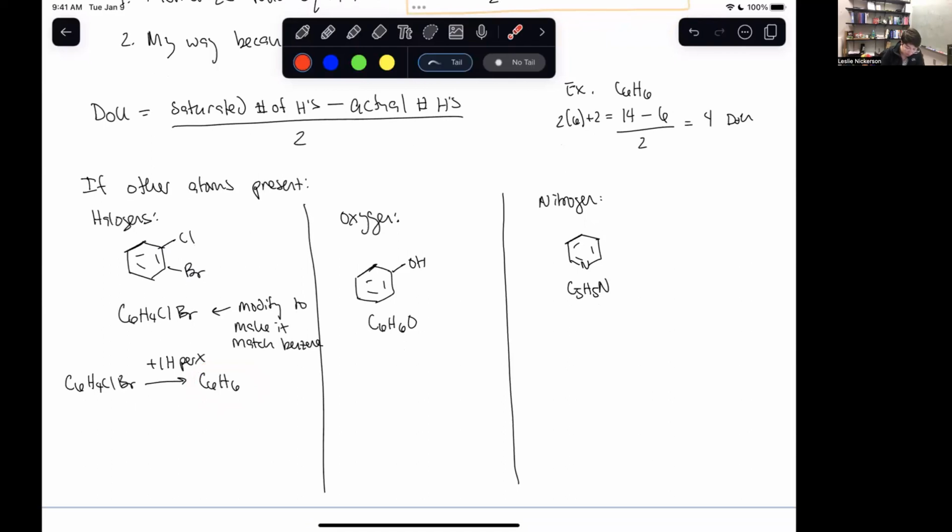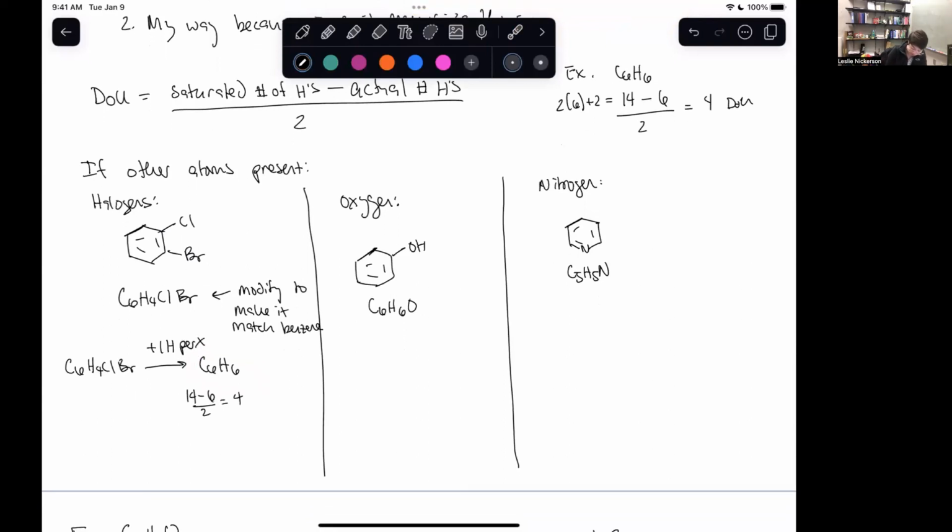Okay, where again, we would do the same, 14 minus 6 divided by 2 equals 4. Okay, so if you have any halogens, just add an H for each of those X's. Okay, so we're just adding an H for every X.